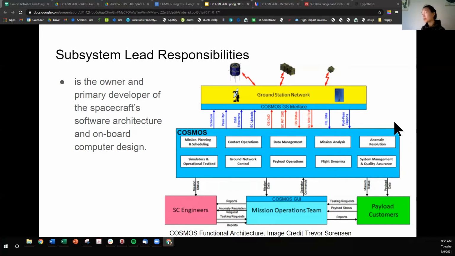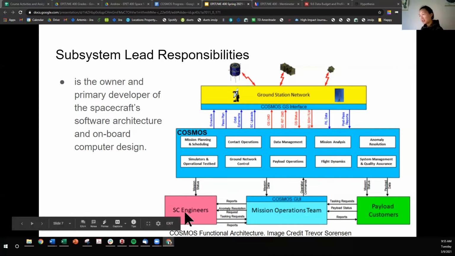In the context, the flight software Cosmos is supposed to be able to communicate schedule, task plans, orbit ephemeris, spacecraft uploads to the ground station, and it should also be able to pass ground station status, payload data, and post ground pass reports.